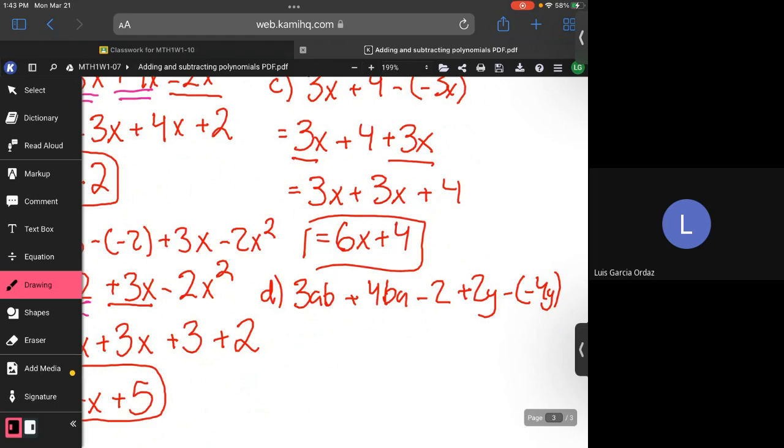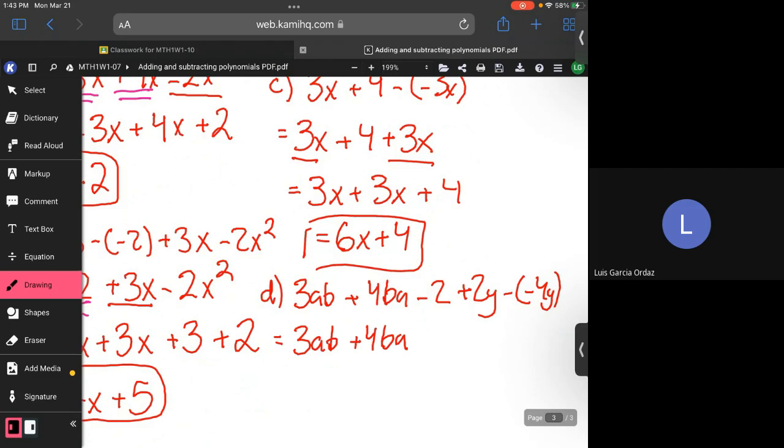Because they have the same variable. Okay, Maya. So BA, AB, same thing. It's like 3 times 5, 5 times 3 gives you the same answer. You can write BA or AB, doesn't matter. So the first thing I need to do is get rid of that bracket.